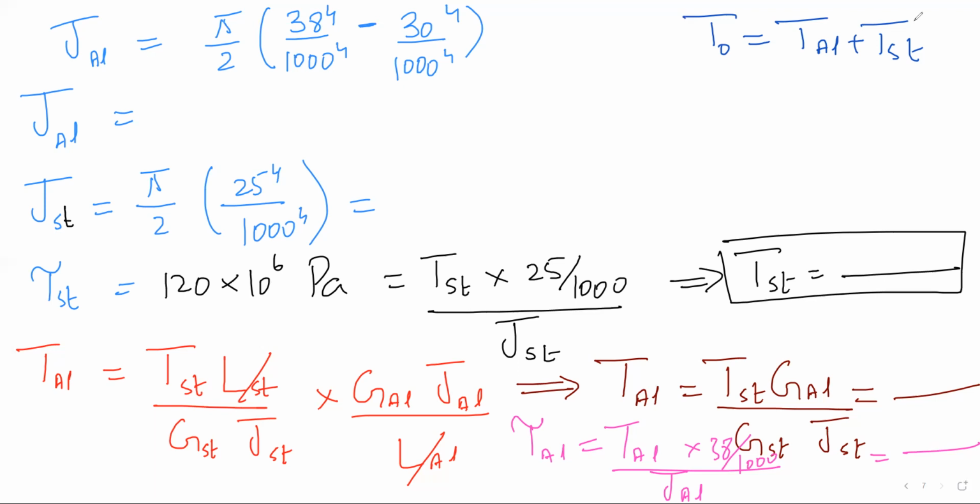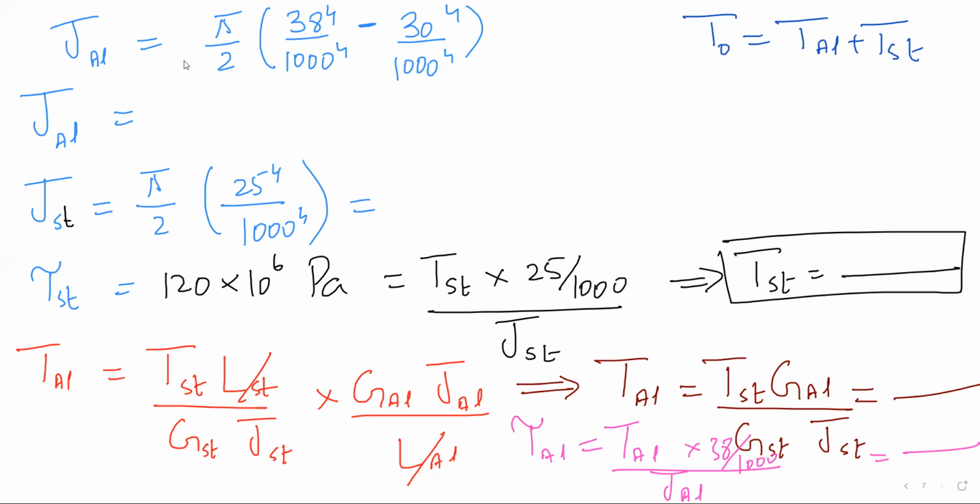120 into 10 power 6. Okay, then into J steel, and J steel is multiplied by pi divided by 2, into 25 power 4 divided by 1000 power 4.